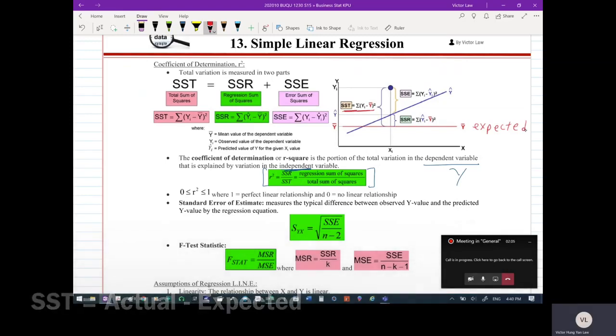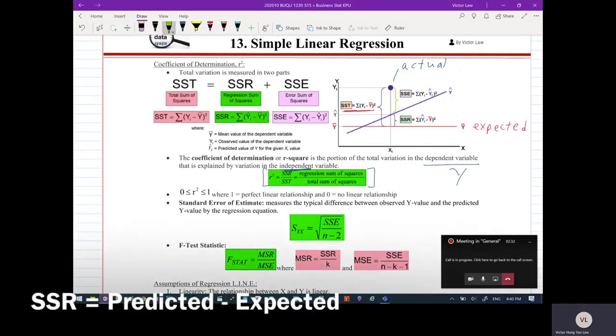So this is the average. And then your blue dot is your actual observed value. So this is your actual observed value. And the distance between the actual and your expected is what we call SST. That's your total variation. And then SST is broken into two parts, SSR and SSE.